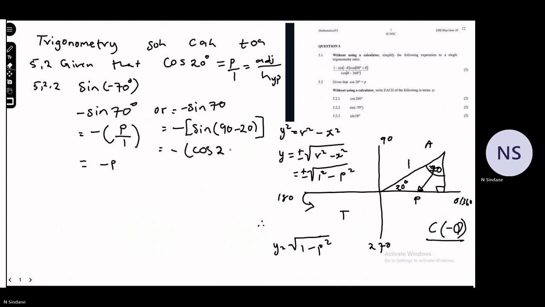Cos of 20, because this is a co-ratio. If I say sine of 90 minus 20, it is a co-ratio. It will give me a cos of 20. Then the solution to this question will be negative cos of 20. We already got it in the previous question. It's negative cos of 20, it's negative p. That is how you can solve that question.